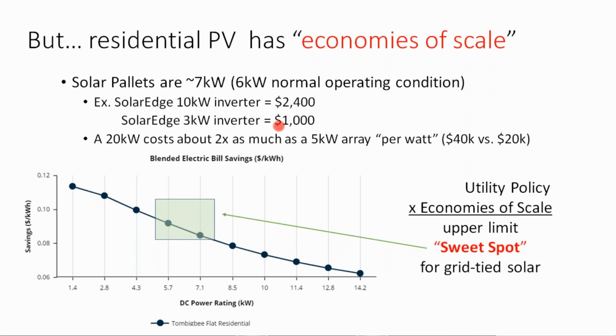That's the economies of scale that we're talking about. And so like a 5 kilowatt array at $4 a watt versus a 20 kilowatt array at $2 a watt, we're talking about the difference between a $20,000 project and a $40,000 project, but with the more expensive project, you get a whole lot more solar.